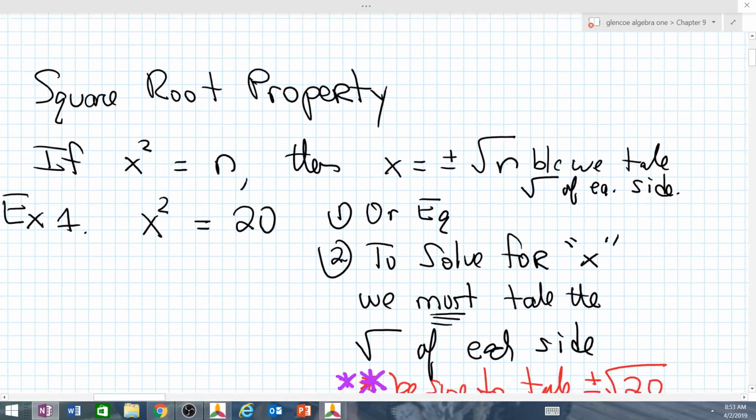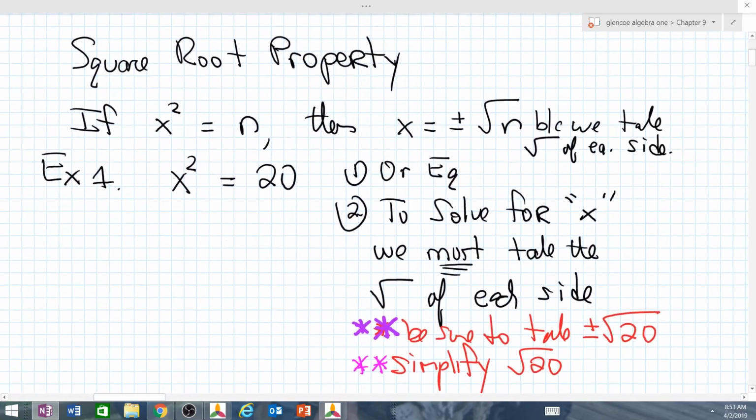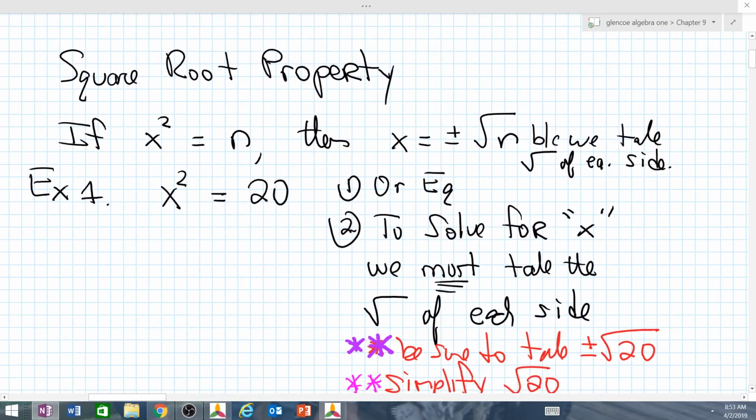Square root property. If x to the second power equals n, then x would equal plus and minus the square root of n. Because remember in algebra, whatever we do to one side of the equation, we must also do to the other side. So my original equation here is x squared equals 20. To solve for x, we must take the square root of each side.